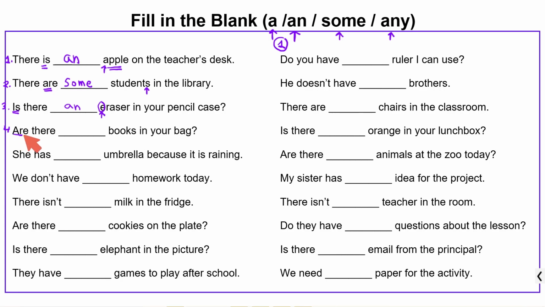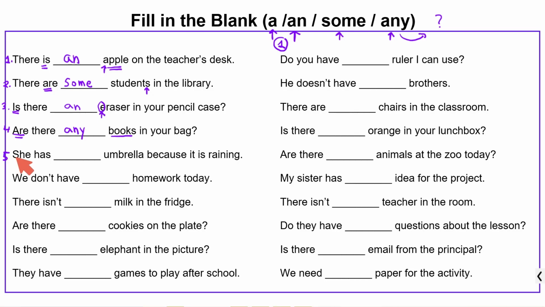Number four, are there blank space books in your bag? Books, more than one. So we cannot use a and an. We will be looking at some or any. So any is used for questions. I hope you remember that. So our answer for this one will be, are there any books in your bag?